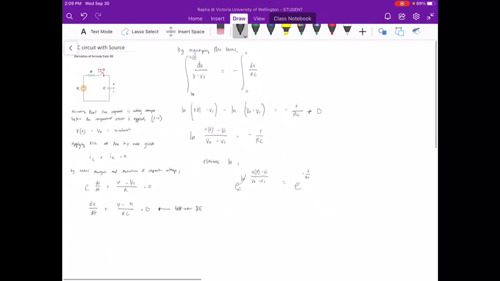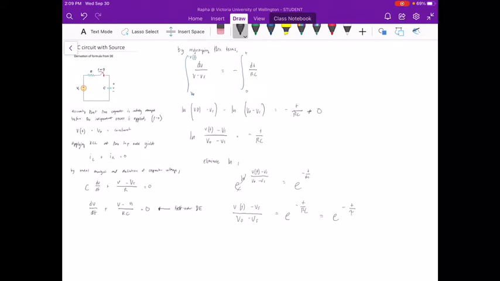We have (V(t) minus Vs) over (V0 minus Vs) is equal to e to the power of negative t over RC, or e to the power of negative t over tau, which is our time constant.